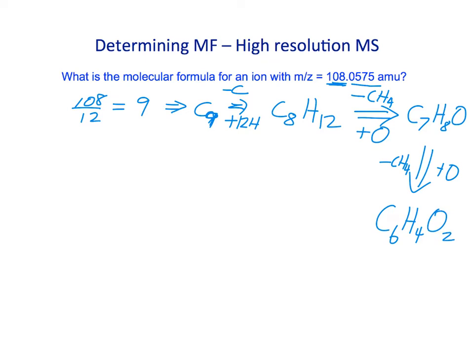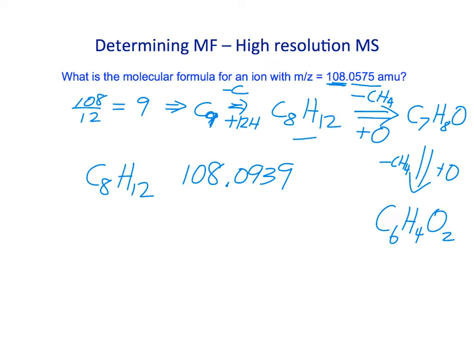So let's just imagine these formulas. What I did is I took all those accurate masses and added them up for each of these formulas. Or actually, I just looked at the table. If we add those up for C8H12, it comes out to 108.0939. The 108 fits great.